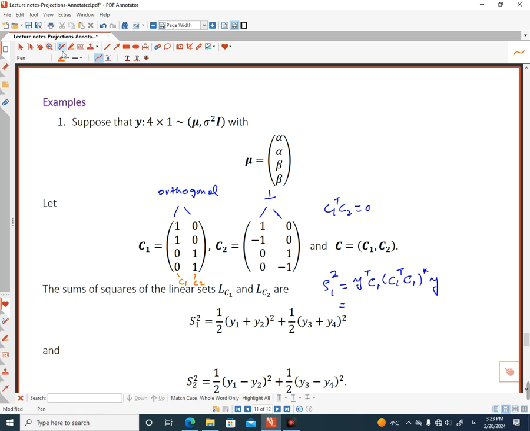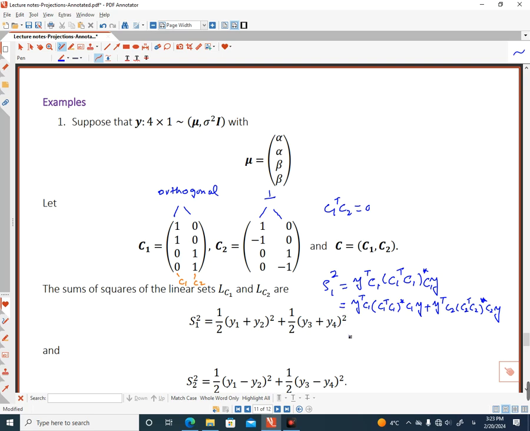So from the above result, I can also write this as y prime small c1 times small c1 transpose small c1 generalized inverse, here it must be capital C, small c1 y, plus y prime small c2 times small c2 transpose small c2 generalized inverse small c2 y.